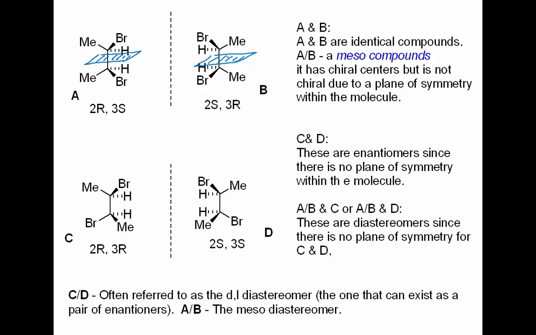Everything above and below the plane reflects perfectly. We refer to AB, which doesn't matter because they're the same molecule, as a meso compound. A meso compound has chiral centers, but is not chiral due to a plane of symmetry within the molecule. Half of the molecule is a racemic mixture of itself; that's one way of looking at a meso compound.